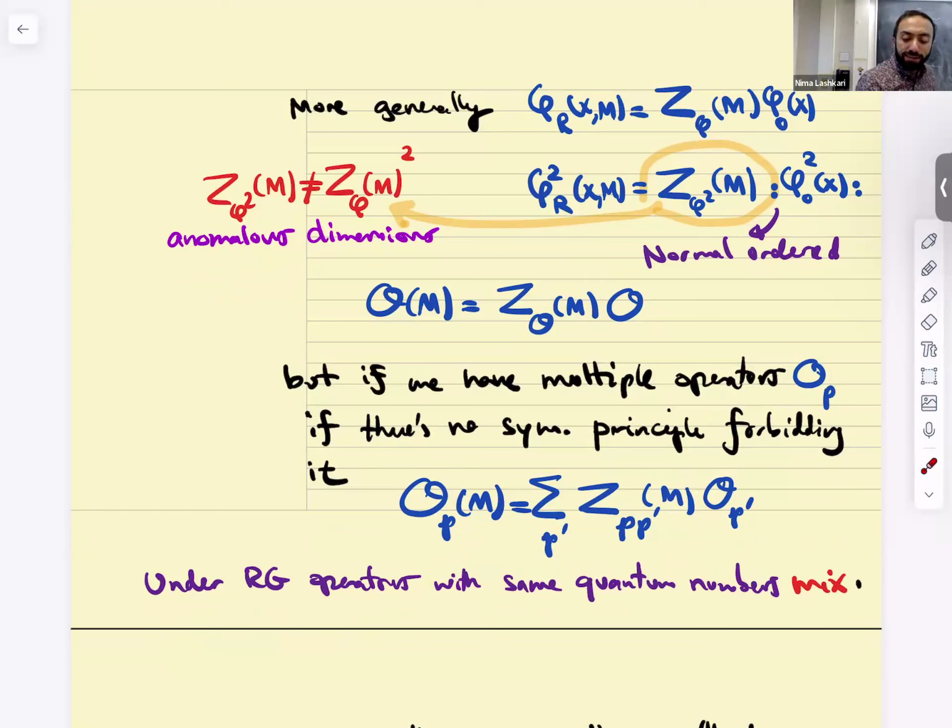As a matter of fact, in your theory, you're going to have all sorts of crazy composite operators you've defined, and each will have its own renormalization.